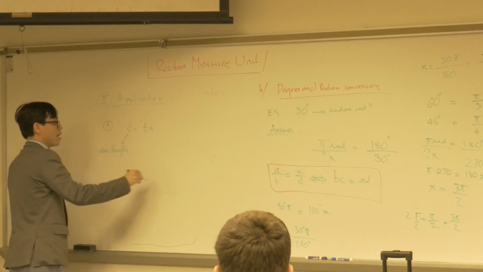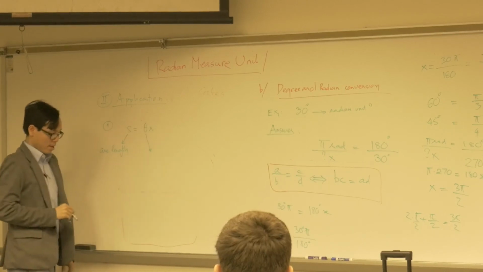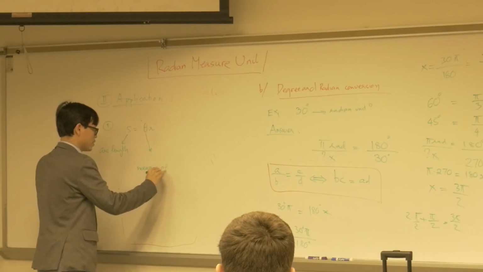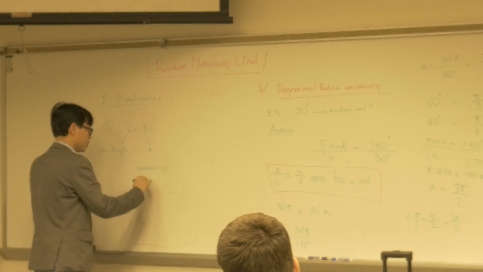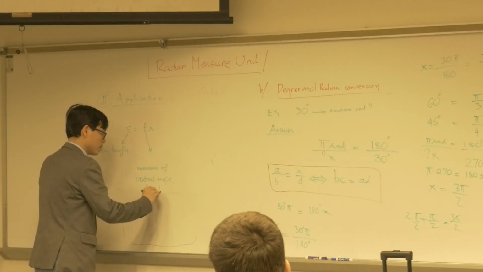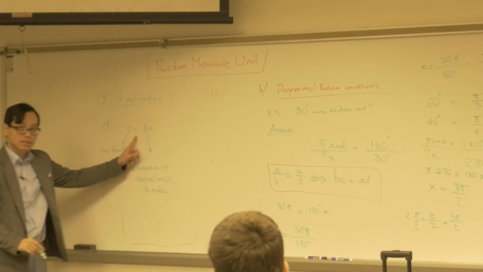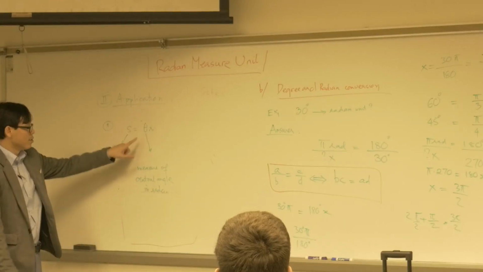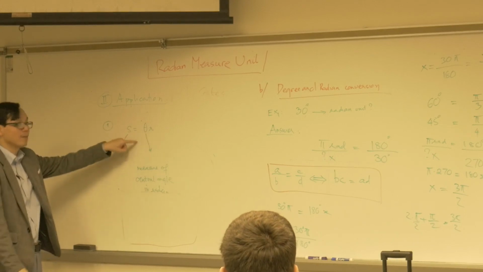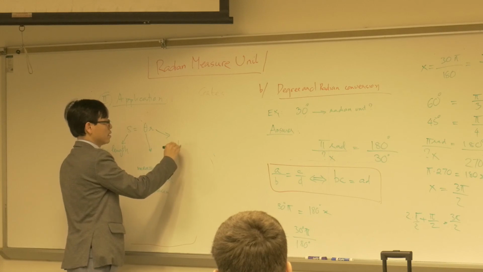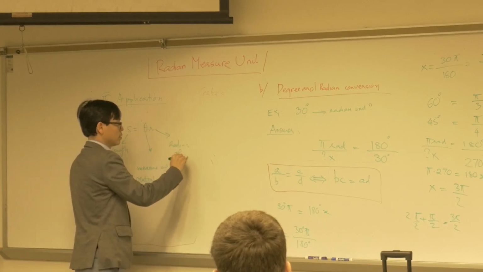Theta is the measure of the central angle in radian. If you use this formula, the angle must be in radian, not in degree. If it gives you degrees, you have to convert to radian. R is the radius of the circle.